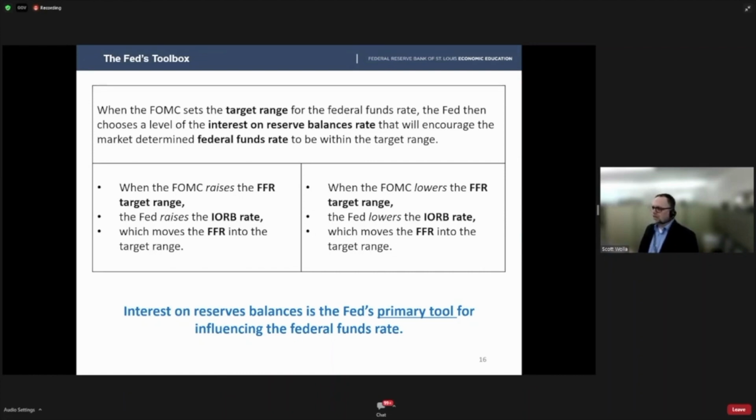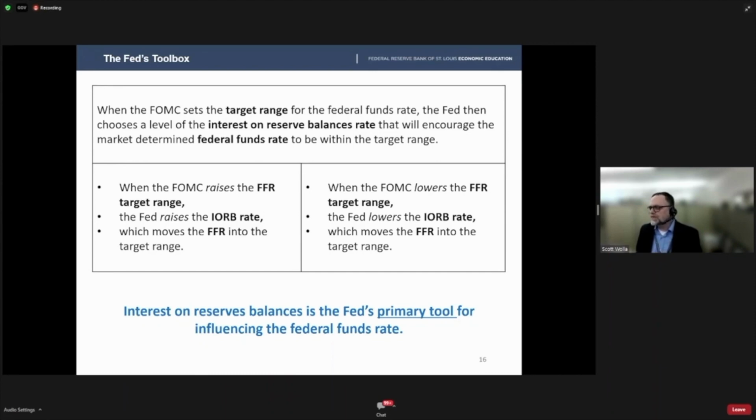At the same time, if you read deeply in the documents, you'll see that they also adjusted the interest on reserve balances rate. And when they adjusted the reserve balances rate, the federal funds rate shifted up into the target range.